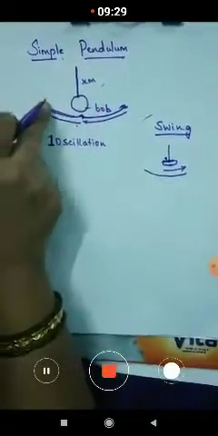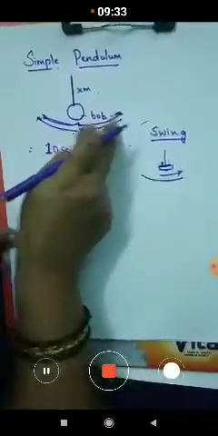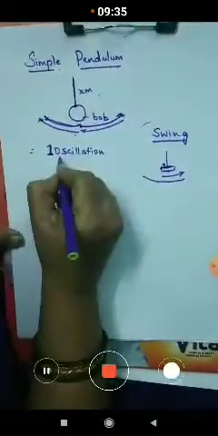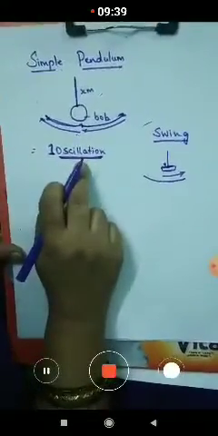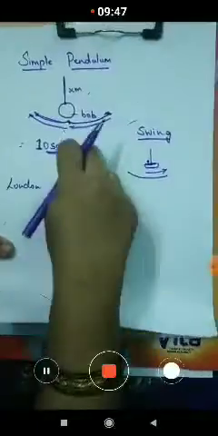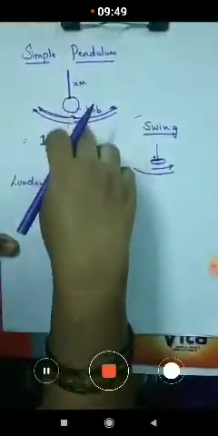So this movement of the bob from end to end and again from end to end is called one oscillation. What is it called? One oscillation.